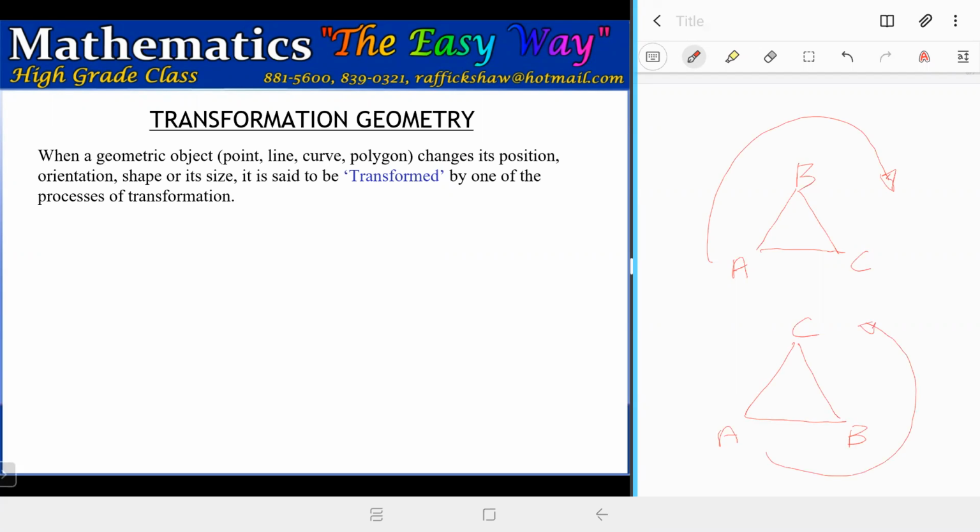So orientation has to do with how the letters go around the object, or how you label the points around an object. So if the orientation changes, it also has gone through a transformation. We're going to see which transformation does that. Actually, reflection in a line changes orientation.